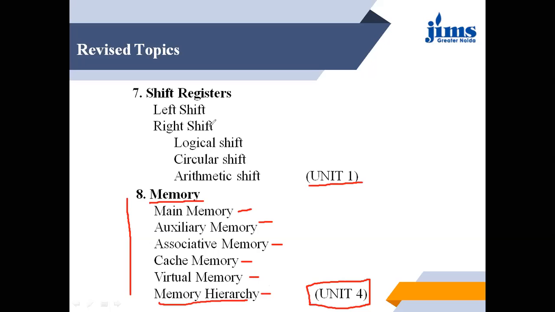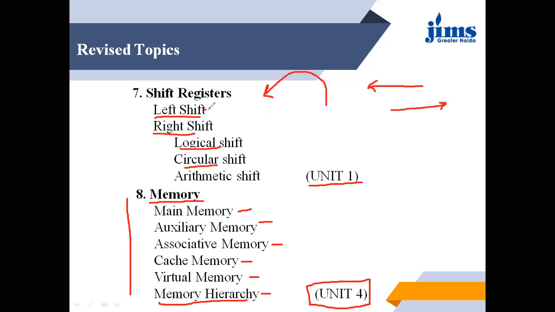And about shift registers, we discuss them in digital electronics also. When the values in the register change from right to left, this is called a left shift register. When the values of the register change from left to right, this is a right shift register. In this there are logical shift and circular shift.